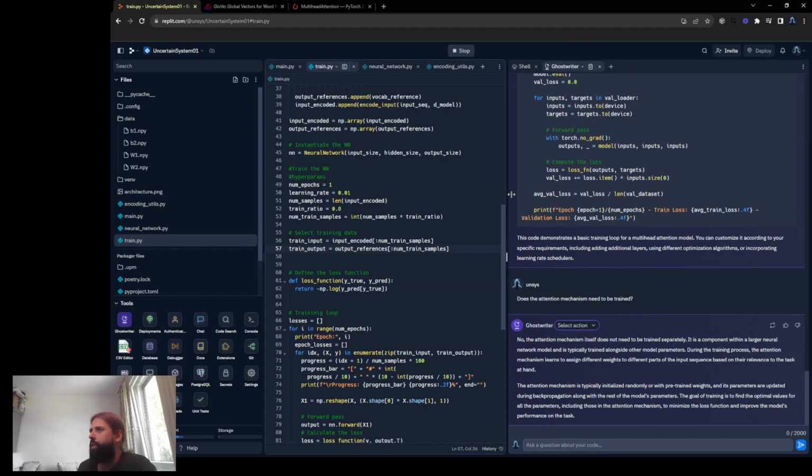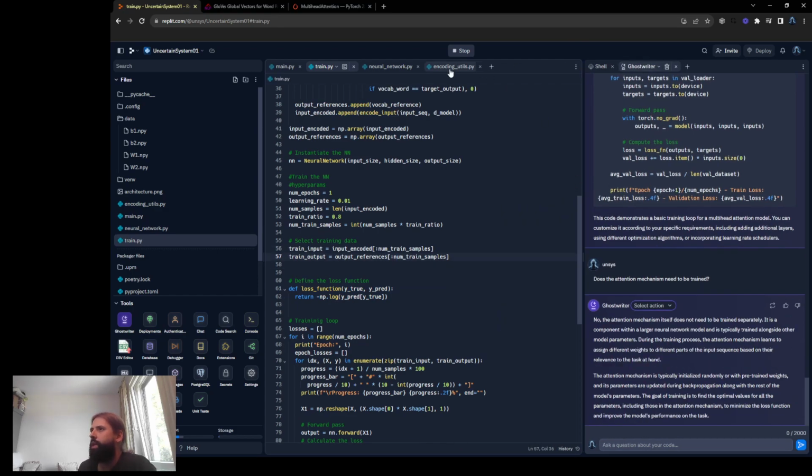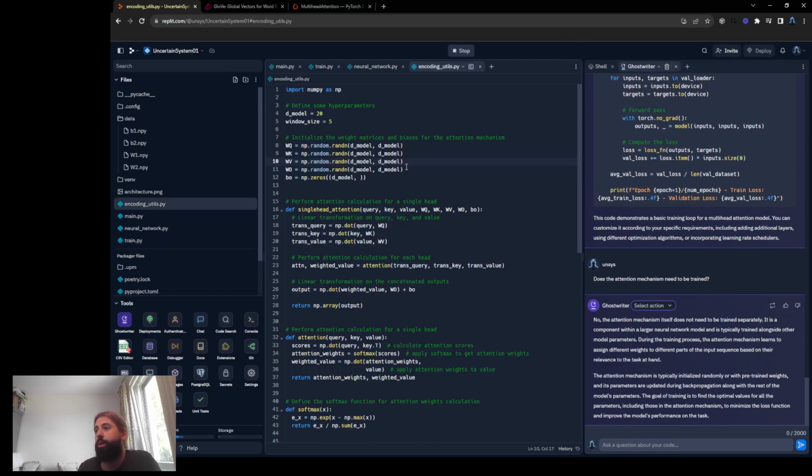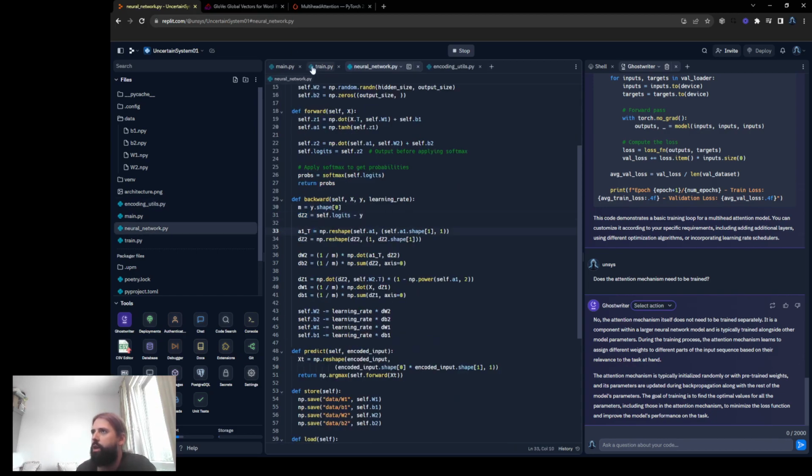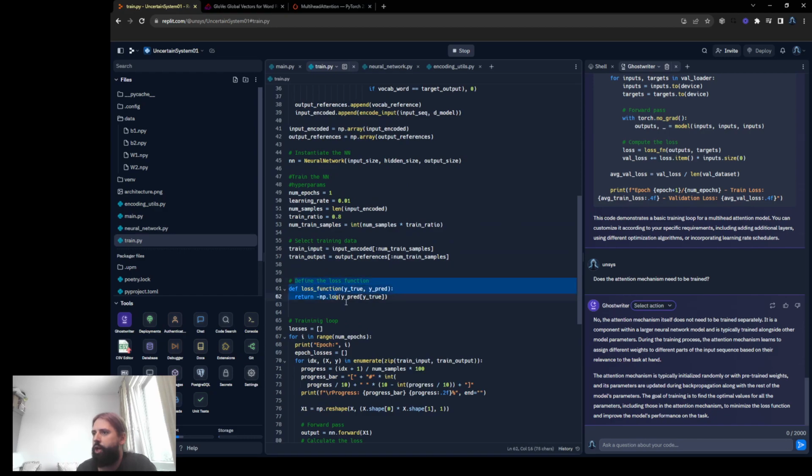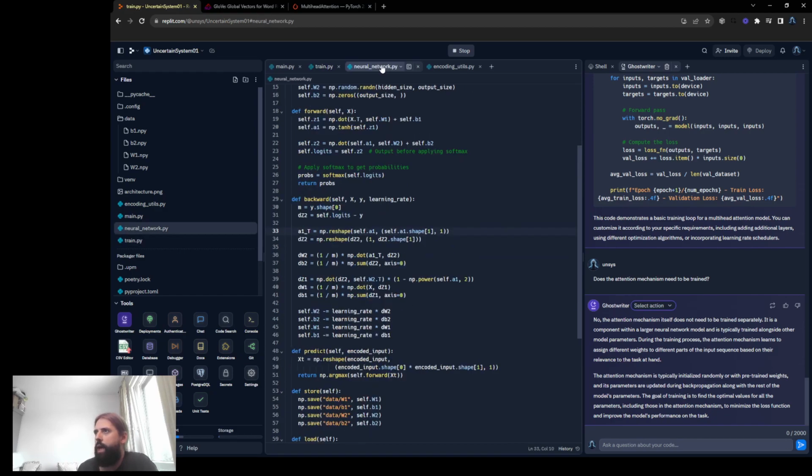And I believe that regardless, we can leave the attention mechanism out for now. That is just doing something. But if we focus on two things, a better choice of a loss function, and then basically, is this gradient really well implemented?